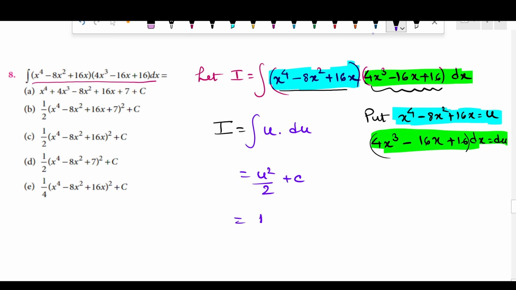Now this will be half, and u is this, x to the power 4 minus 8x square plus 16x whole square plus c. So now you can check the option. I think the option is C.